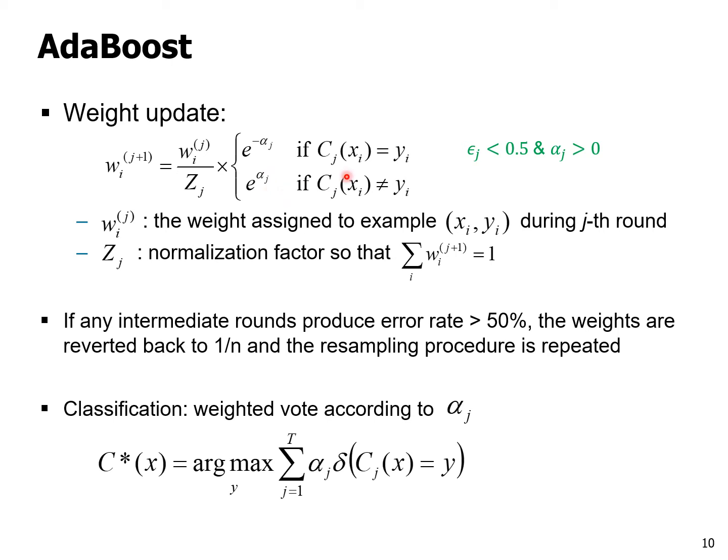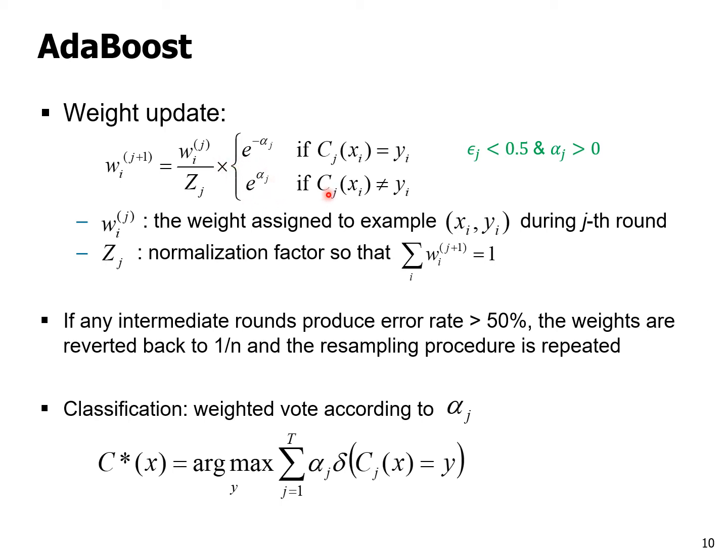That means if there is no error, this is multiplied by a value less than 1, so in this case we decrease this value. If there is an error like this, the current value is multiplied by this one, which is greater than 1.